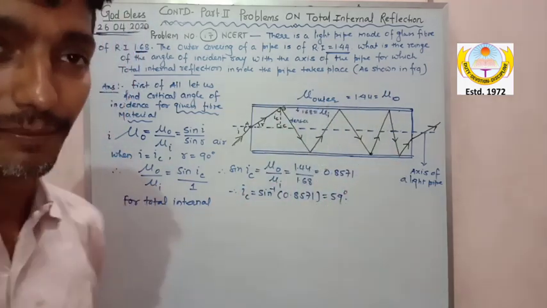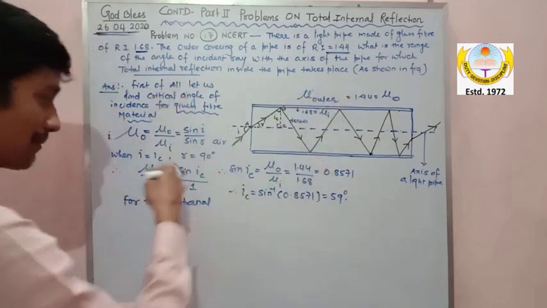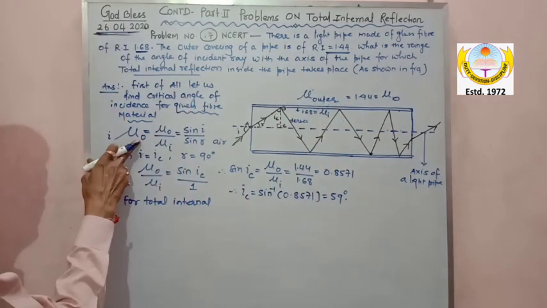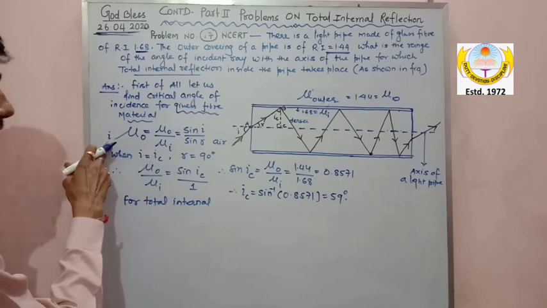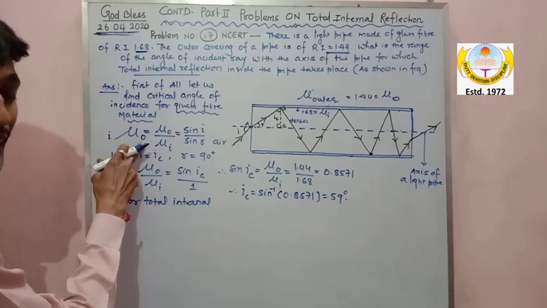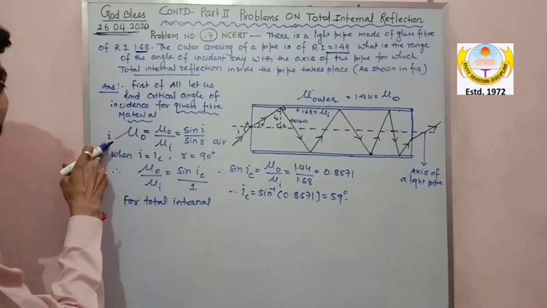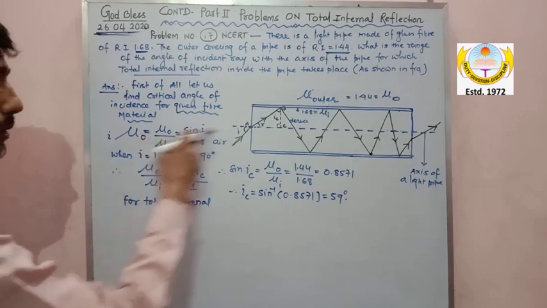And why have I taken inner to outer covering? Because inner is denser and outer is rarer, and for TIR the light should travel from denser to rarer, and therefore I took it from inner to outer because inner is denser.